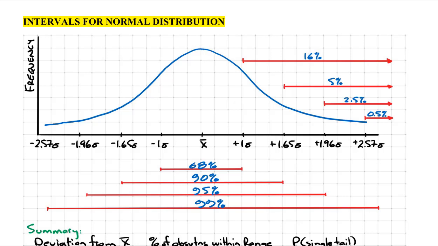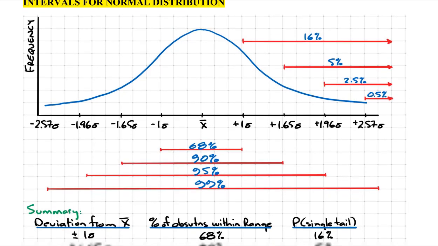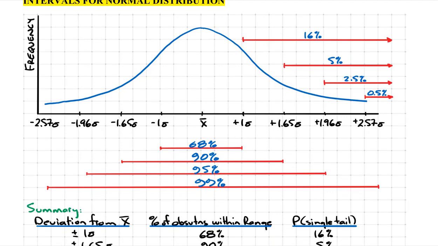So what have we done a little bit differently here? Well, rather than looking at the values of all the possible outcomes, what we're doing here is we're expressing the outcomes in terms of how far they deviate from the mean in terms of standard deviation. That is the only difference.